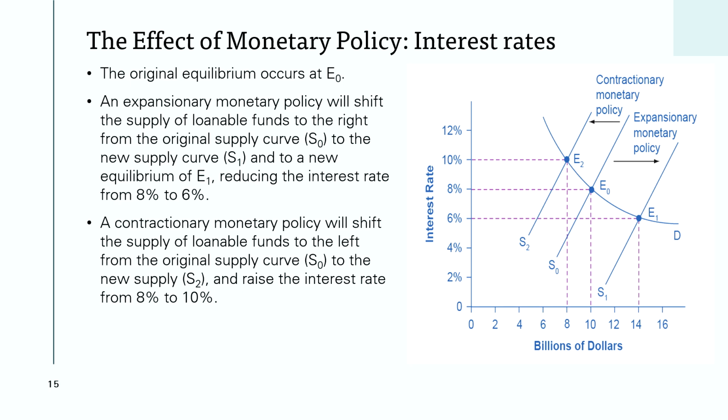When the Fed uses contractionary monetary policy, it reduces the supply of loanable funds, shifting the supply curve left. The new equilibrium rate rises to 10%. These movements illustrate how monetary policy directly influences borrowing costs.